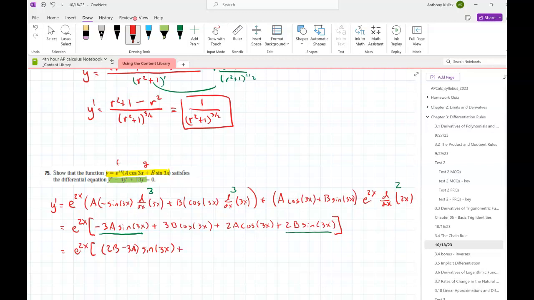And the other two remaining contain a factor of cosine 3x.